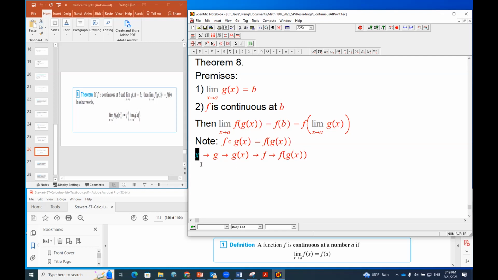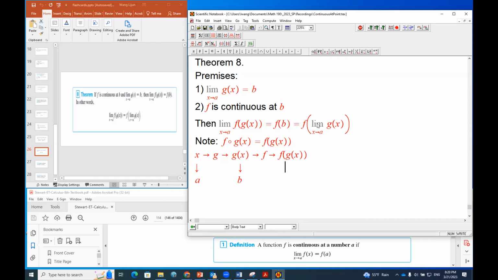When X is approaching A, G of X is approaching B. That's what we know. So B is the limit. When X is approaching A, G of X is approaching B, so this piece is going to approach what?